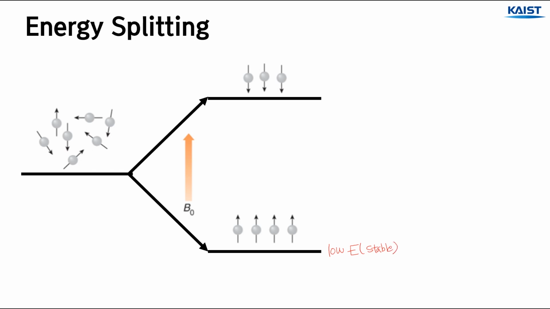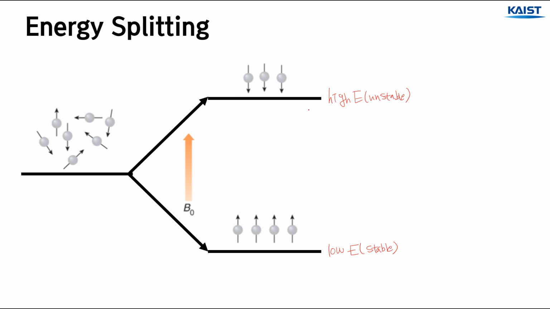The other group aligns to the opposite direction to the external magnetic field, and they become more unstable. Originally, there was only one energy state, but in the presence of a magnetic field, we get two energy states. As I mentioned before, this is called energy split.